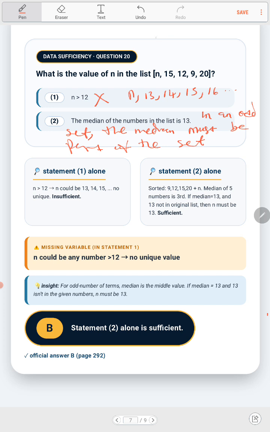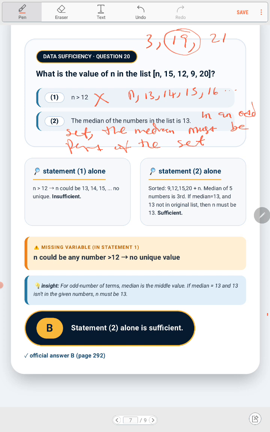Let's say you have 3 numbers. Odd set means the count of numbers is odd, like 1, 3, 5, 7. You can use random numbers: 3, 19, 21, arranged in ascending order. So 19 is part of this set. It's also the median.